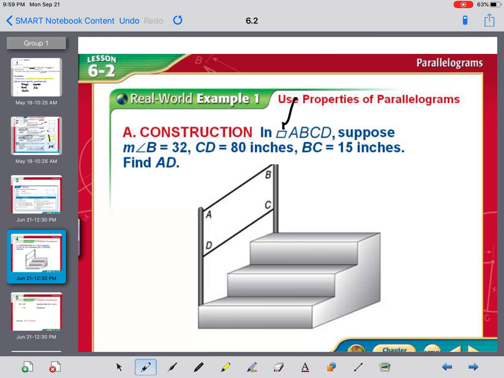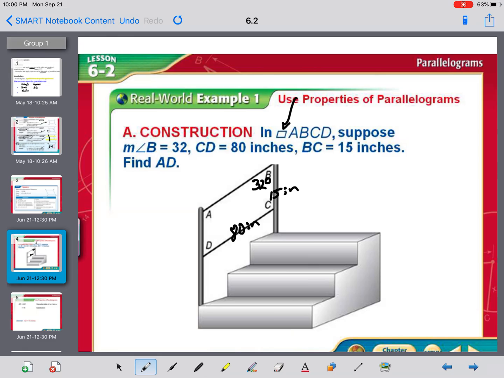Let's take to this. It says in parallelogram ABCD, suppose that the angle B is 32. I always like to mark. If you don't already have the drawing, then do the drawing and mark. It says CD is 80 inches. That's the length of this side right here.